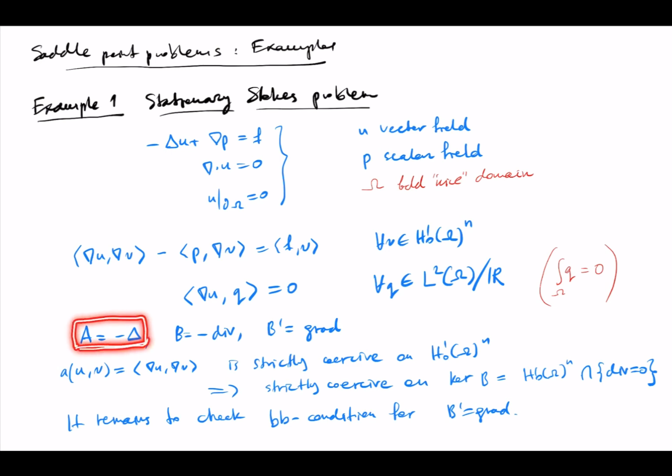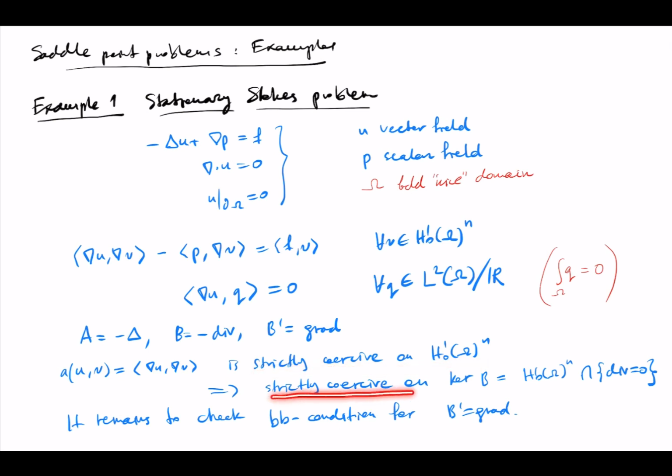Basically, the Laplacian in divergence-free space is invertible, and we need to show that B prime, or gradient, is bounded below. But we can see that this bilinear form is actually strictly coercive on the whole space H10. So without even restricting it to the kernel of B, we see that this is already strictly coercive.